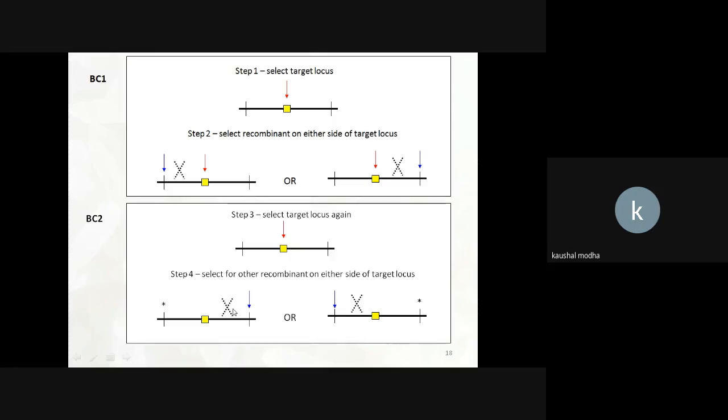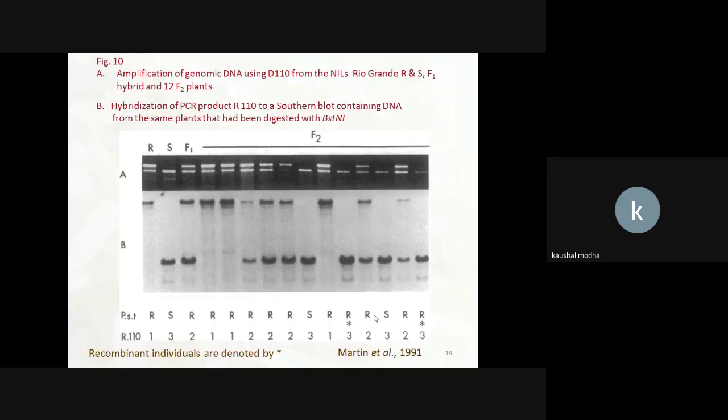I will also explain in the next slide how we do this considering the markers. And in backcross 1, if you focus on this side first, then in backcross 2, you will focus on the other side, keeping this constant. What this indicates is that recombination has occurred between the chromosome of the recurrent parent and this target gene in the region closely situated around the target locus. So that's how linkage drag is minimized. Or we can select the progenies where this recombination has occurred.